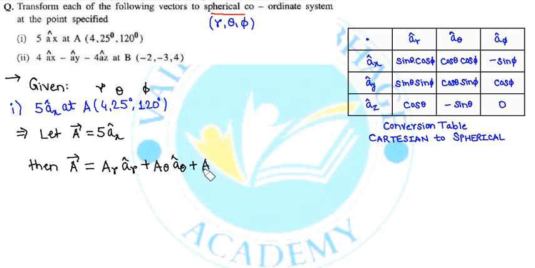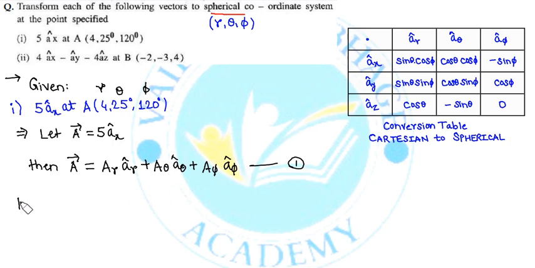And we have the a phi cap in the phi direction, with magnitude capital A phi along the phi direction. Okay, fine. So assign some equation number to this one. This capital AR, A theta and A phi show the magnitudes along the R, theta and phi directions, and this aR cap, a theta cap and a phi cap show the unit vectors along the R, theta and phi directions of the spherical coordinate system.